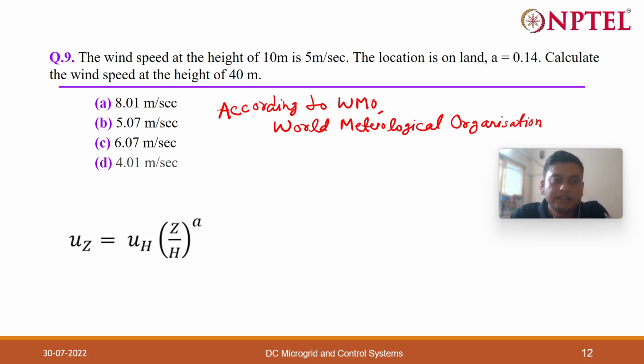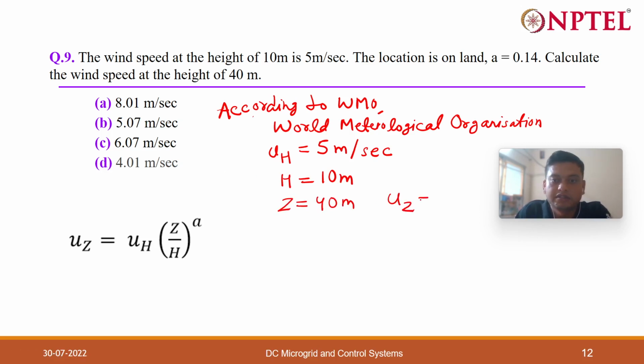So here it is given as UH at 5 meter per second. So the H will be 10 meter. You need to calculate the wind speed at a height of 40 meter. So Z will be 40 and you need to calculate UZ. So just do the calculation and type your answer in the chat box.